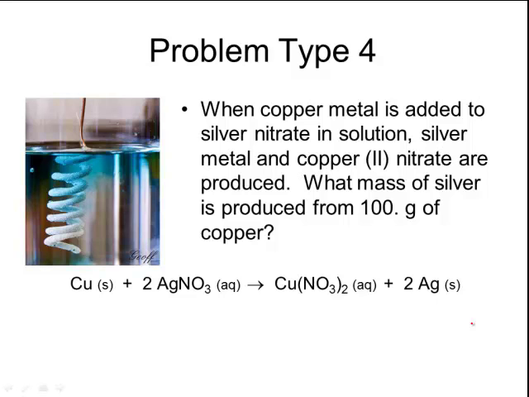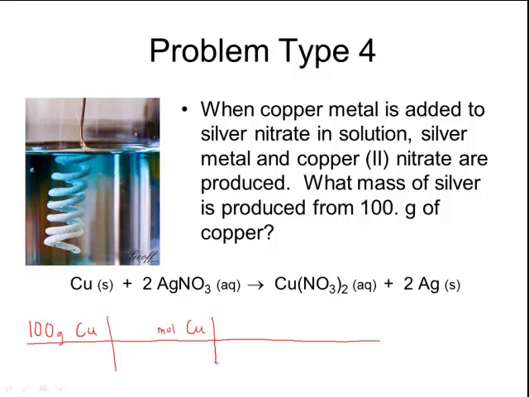As we did with the other stoichiometry problems, we'll start with the value that is given and construct our T-chart. I'll begin by writing 100 grams of copper. 100 grams of copper is like substance A on your T-chart. So from grams of A, I can go to moles of A, which in this case will be moles of copper.